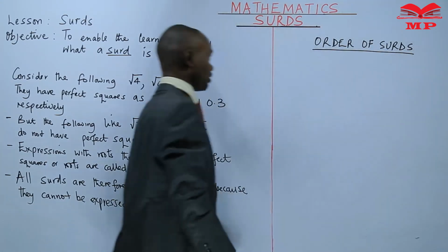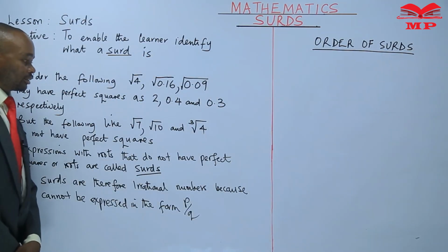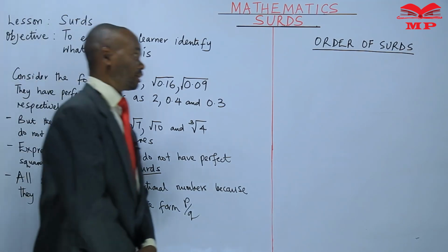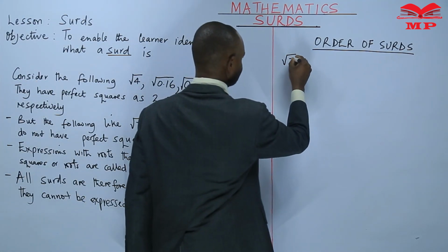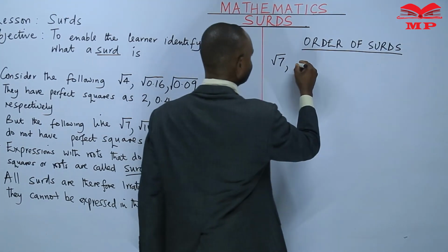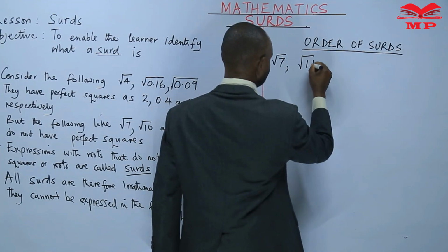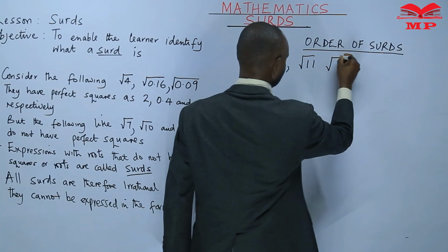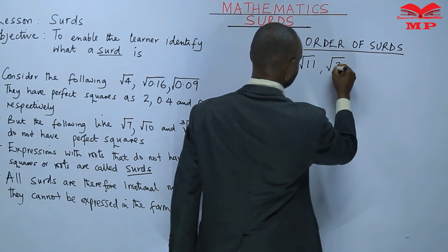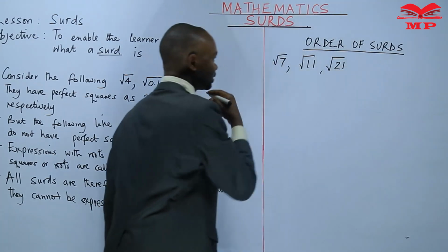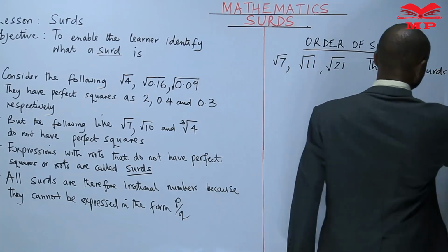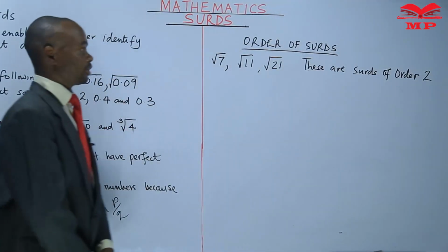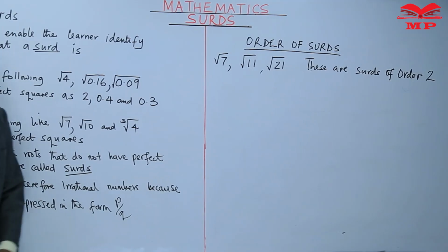Learner, you'll reach a word like that. So the square root of 7, the square root of 11, the square root of 21 are surds. These are surds of order 2.